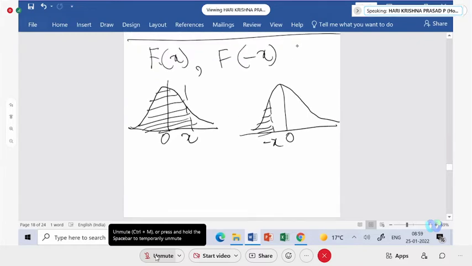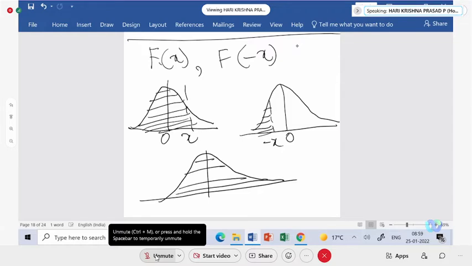So what I do is I will find out the whole area under the density function. From that total area, I will subtract the area up to x. So what area is left over for me? This area. So the area that is left over is this much.